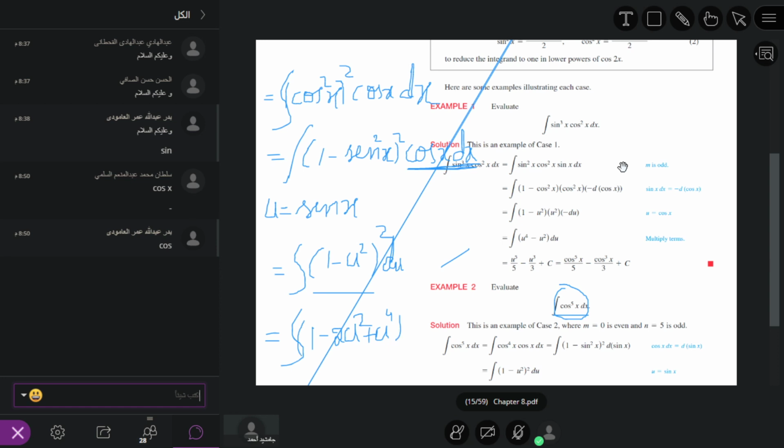Now what is the integral of 1? It is equal to u. So thus u minus, what is the integral of u power 2? It is equal to u power 3 over 3.